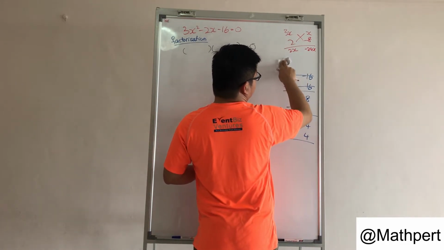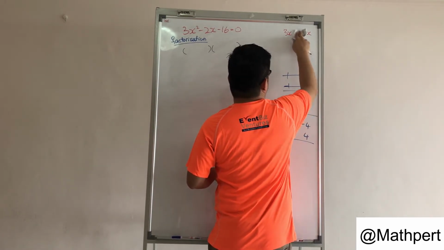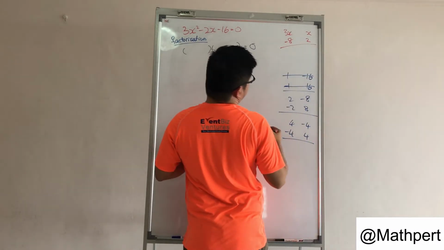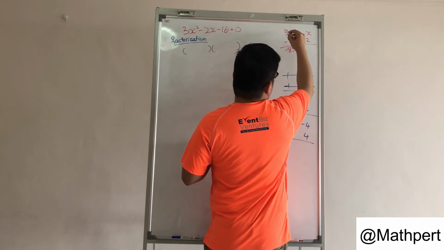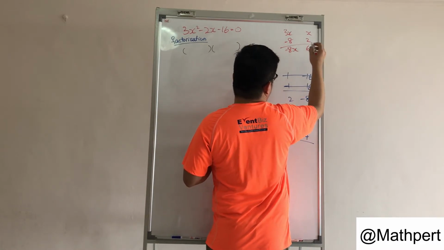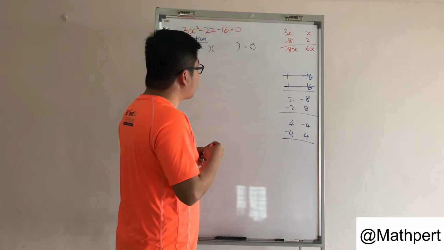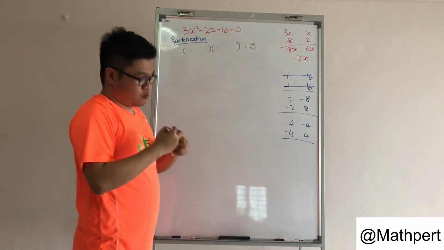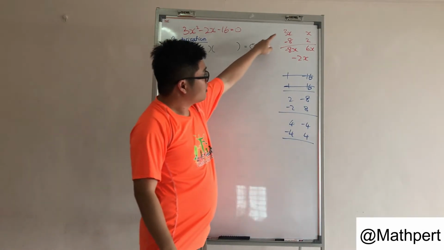We bring the negative 8 to the front and 2 to the back. So negative 8 and 2. Negative 8 multiply x will be negative 8x. 3x multiplied by 2 will be 6x. So negative 8x plus 6x, we get negative 2x, which is what we are looking for. So this is the one.